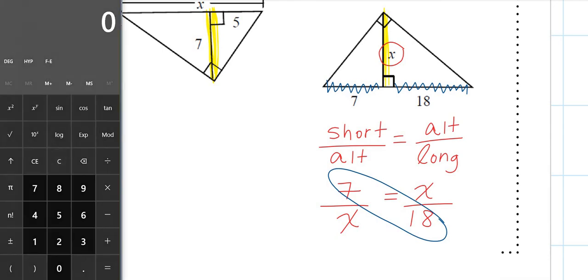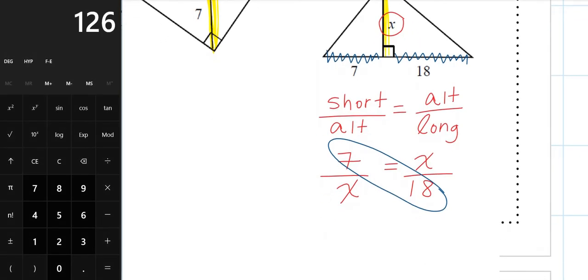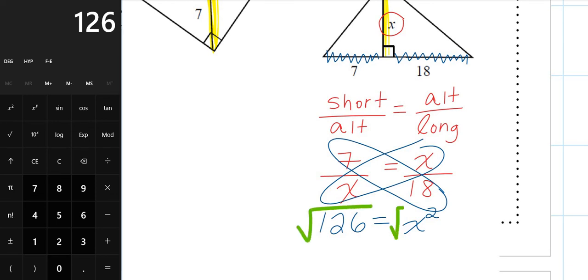In my calculator, 7 times 18 equals 126. 126 equals x times x, which is x squared. I don't want x squared, I just want x. So I have to square root at the end. Take the square root of both sides.